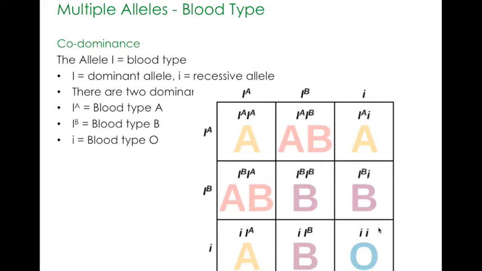If you have AB, what's good is that if you have blood that is A type with only antigen A, your body recognizes that as you. If you have B antigens only, your body still recognizes that as you. If you have AB, your body recognizes that as you.